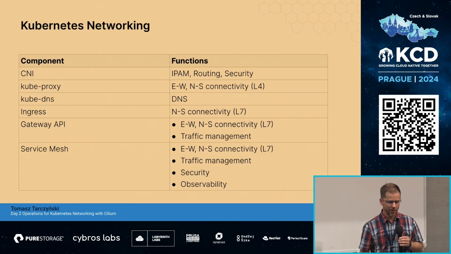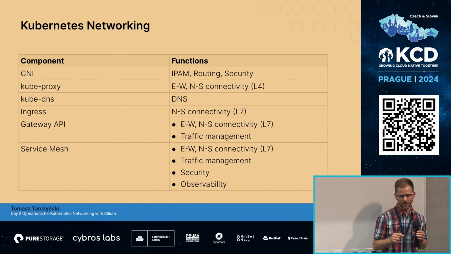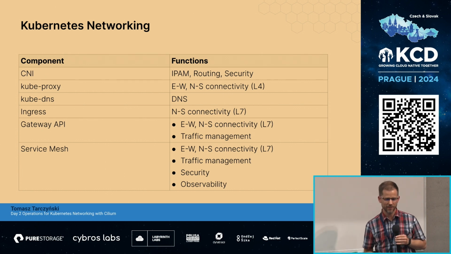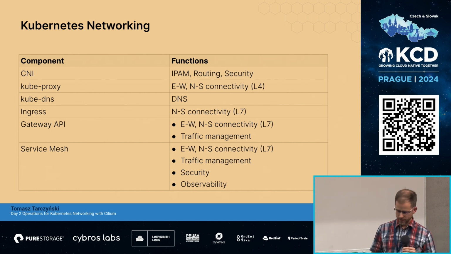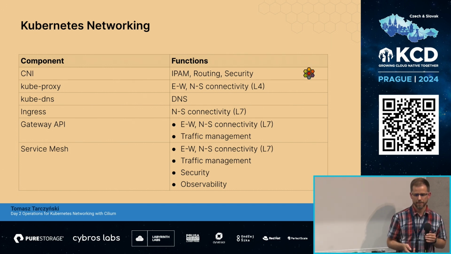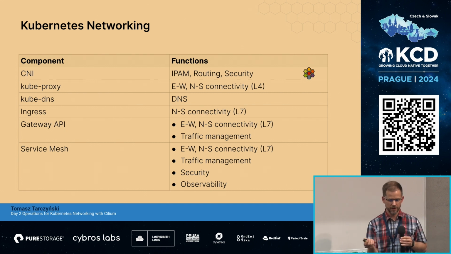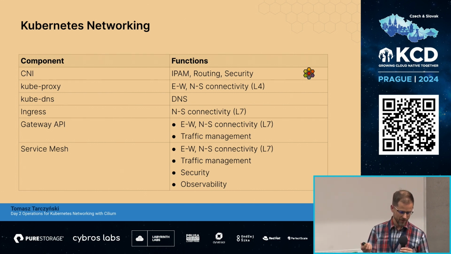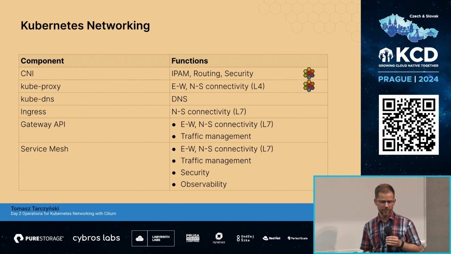We talked about all those needs in terms of networking, and just looking briefly at how we can implement each of those. For the CNI, you can choose to use Cilium. Then you have east-west, north-south connectivity implemented typically by kube-proxy, but there is an option to replace that by Cilium as well.